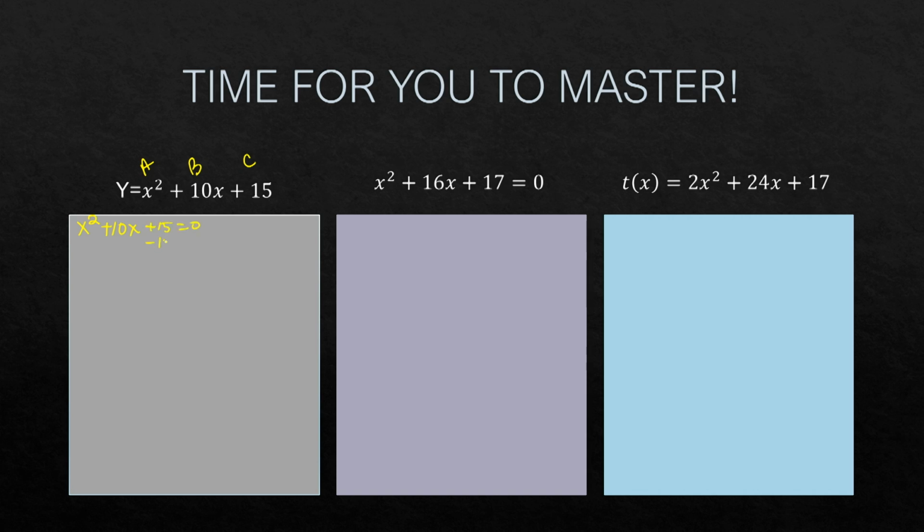I'm going to move my old 15 and rewrite x squared plus 10x plus a new c equals negative 15. To get my new c, I have b divided by 2 squared. 10 divided by 2 is 5. 5 squared is 25. I am adding 25 on both sides.